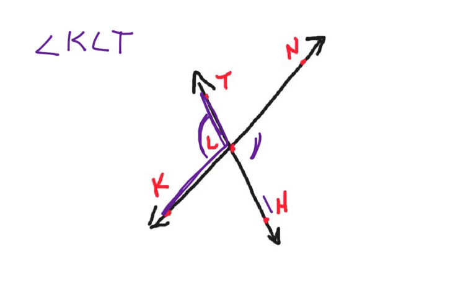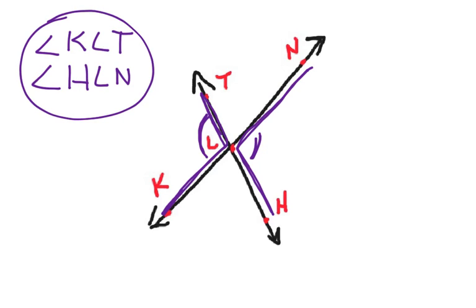I could call it HLN or NLH. It's the same angle. So I can call it angle HLN. Now these two angles are vertical angles. They're opposite the same vertex right here in the middle, and they're equal to each other. They have the same measure.